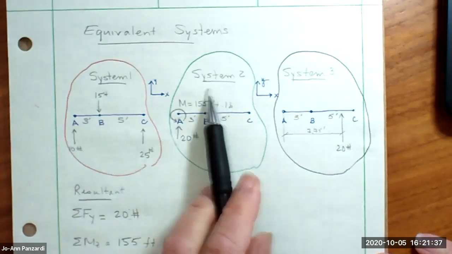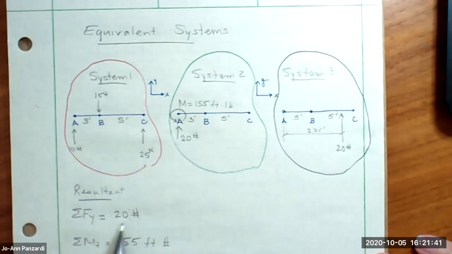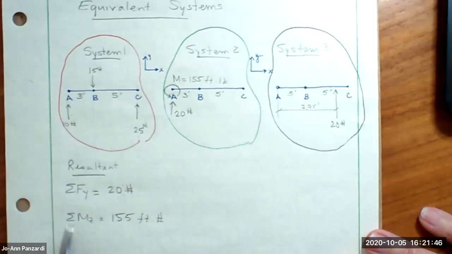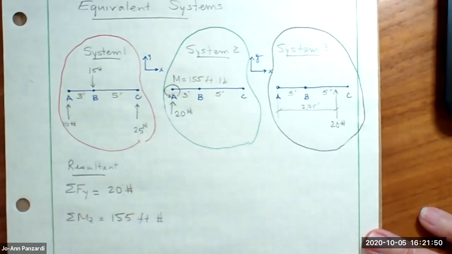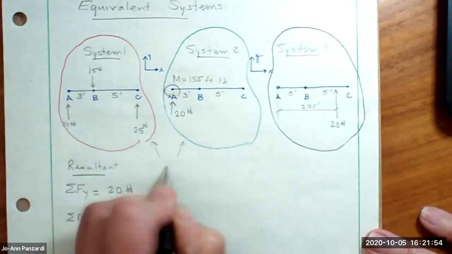Does system 1 equal system 2? Point A is experiencing the 20 pounds just as it is in the first system. It's also experiencing a positive moment of 155. It's the same. These are equivalent systems.